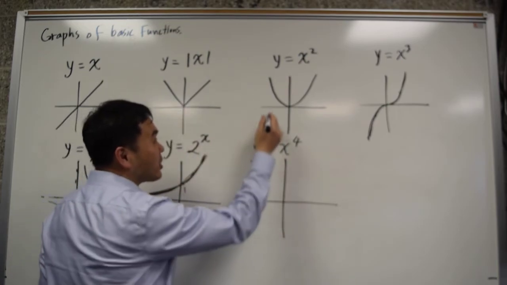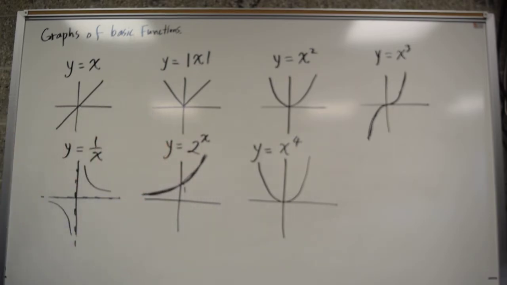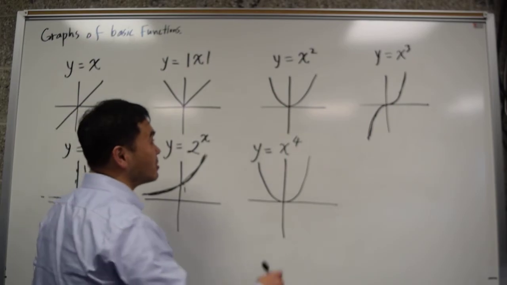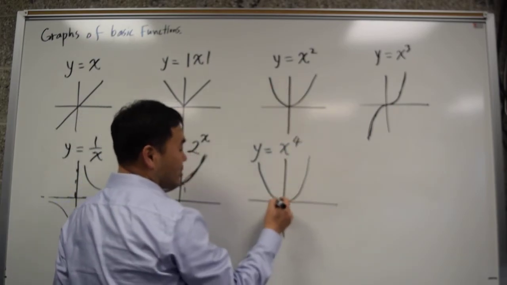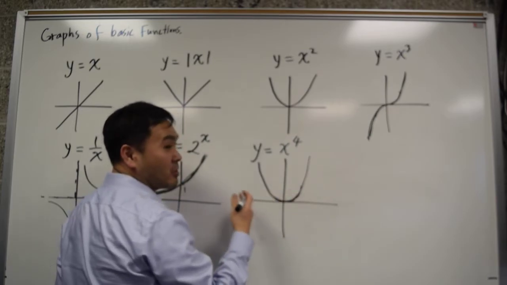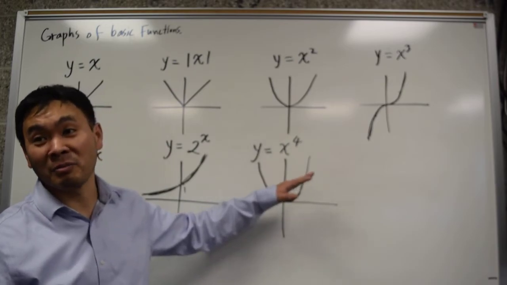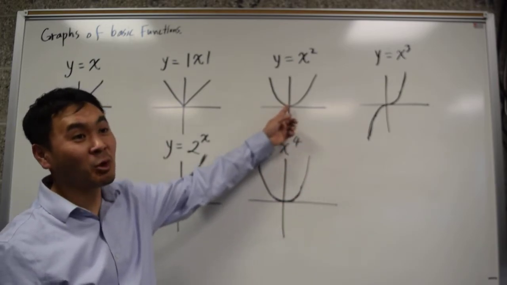And this one's very hard to distinguish from x squared. But if you overlaid it, this is what happens. It's thicker in the middle. It's like a dull parabola. This is a more pointy parabola.